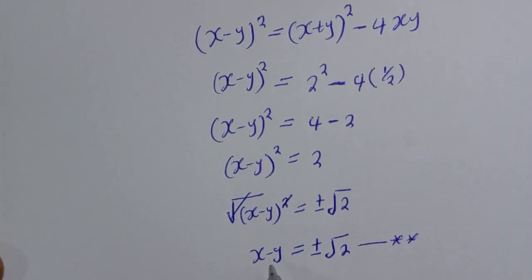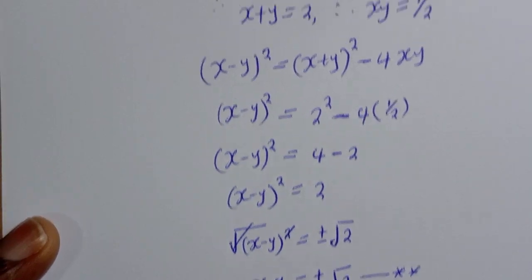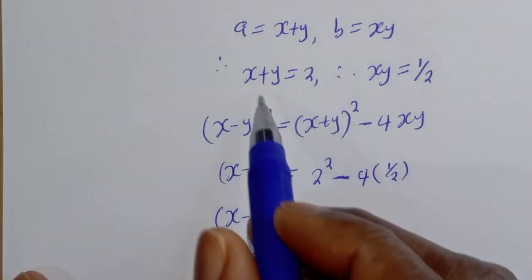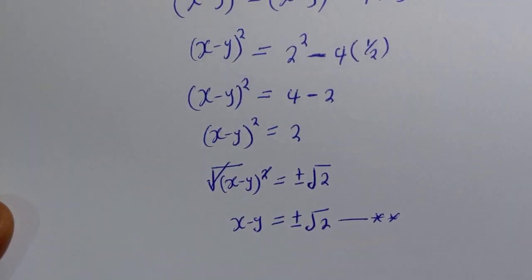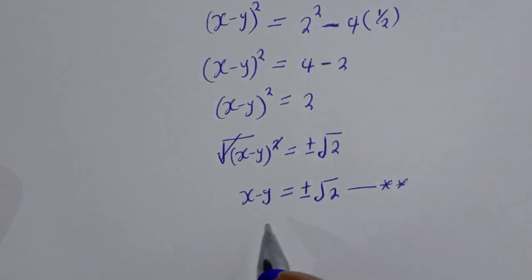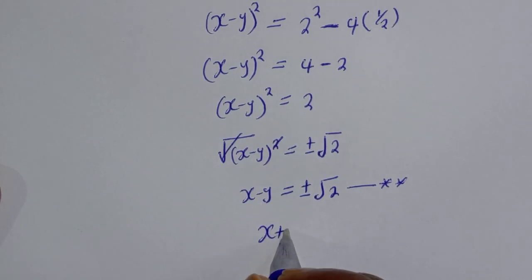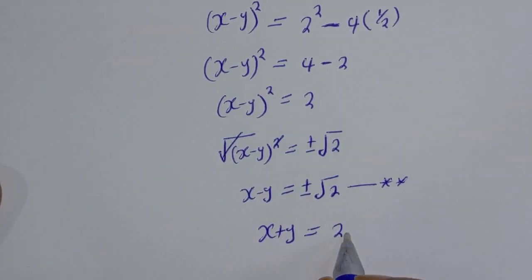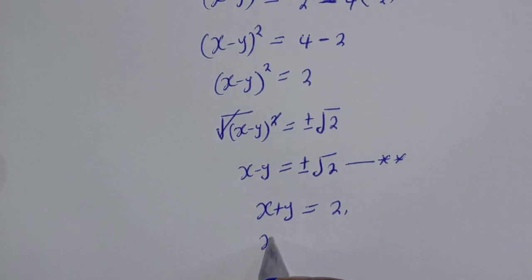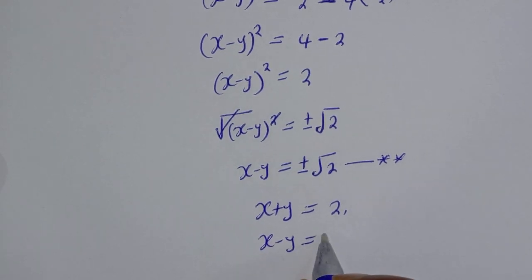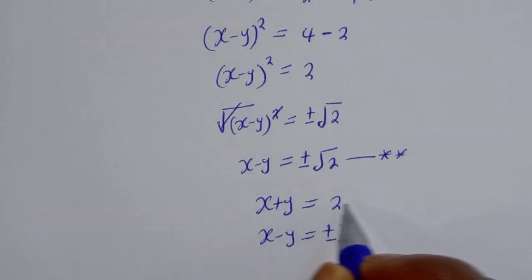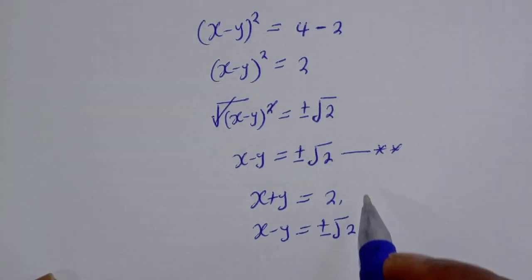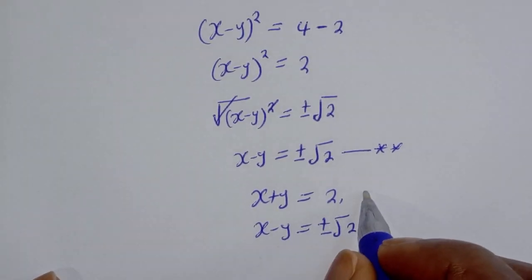Then we can now solve this equation double star and this x plus y equal to 2 simultaneously. That is x plus y equal to 2, then x minus y equal to plus or minus root 2. This is a simultaneous equation using the elimination method.